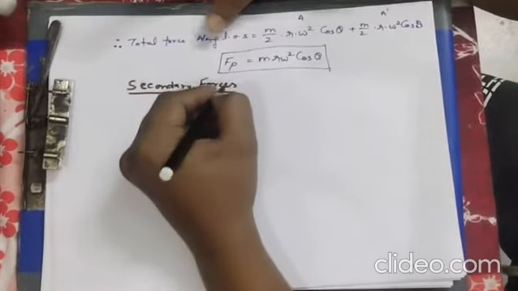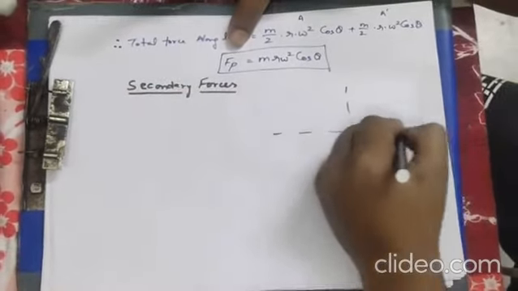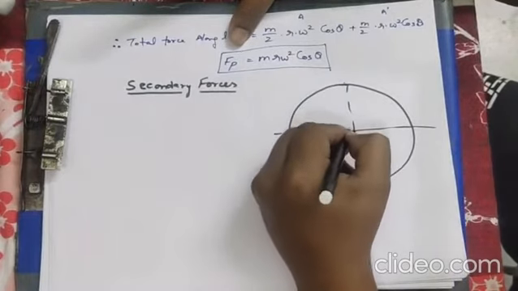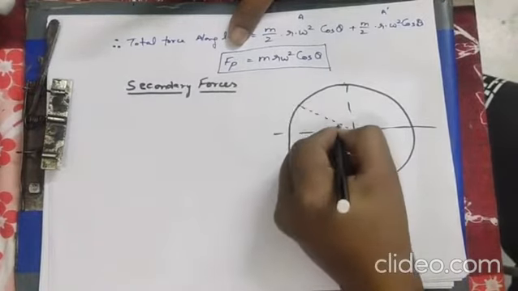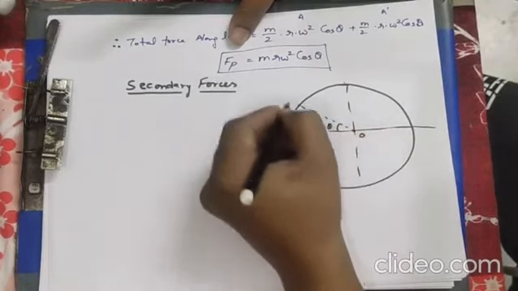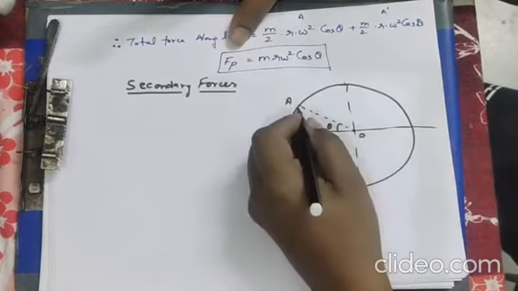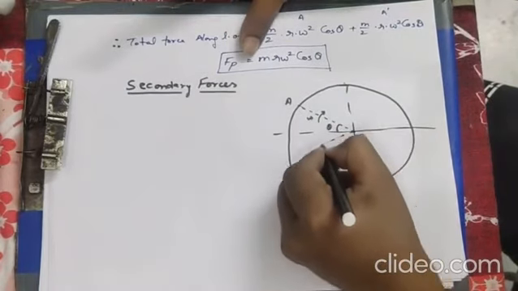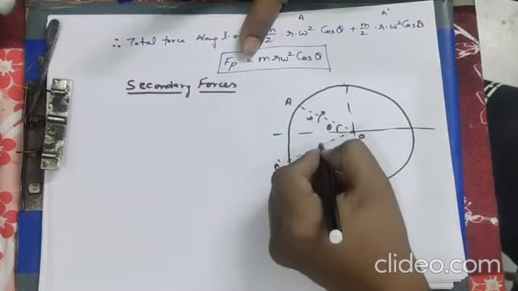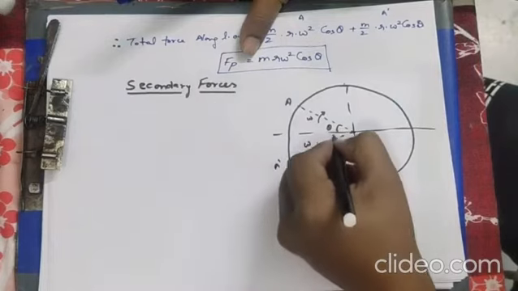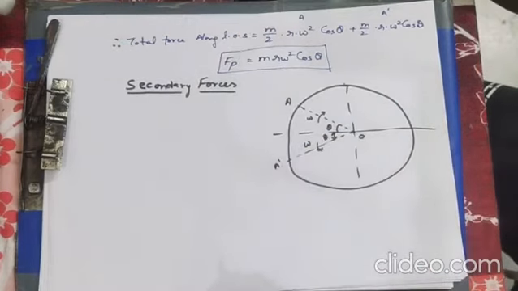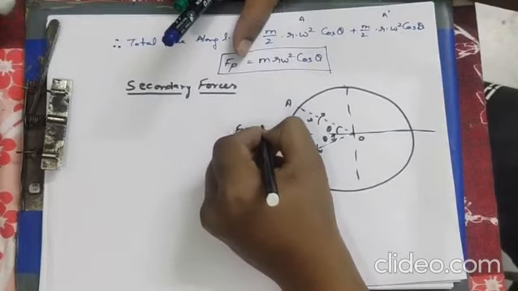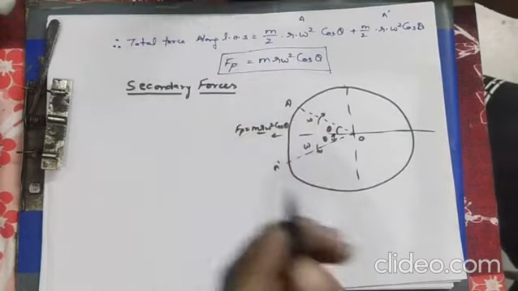So likewise, suppose we had a crank OA, rotating at angle theta in the clockwise direction with velocity omega, and the reverse crank A dash rotating anti-clockwise with the same speed omega, making an angle theta at an instant. At that time the primary unbalanced force Fp was equal to m r omega square cos theta. This much is clear.